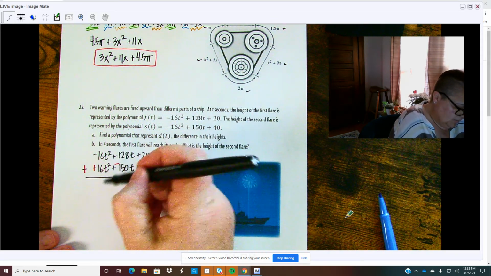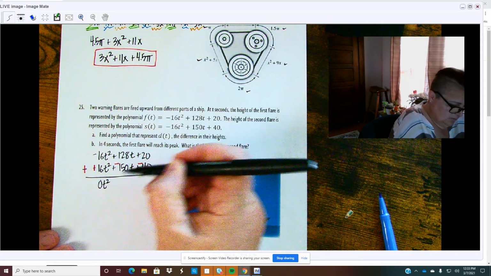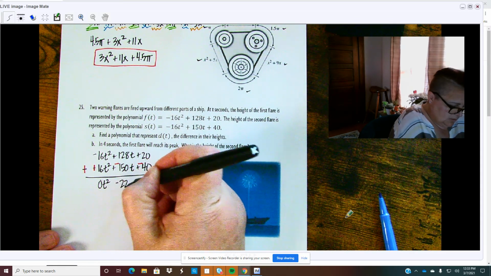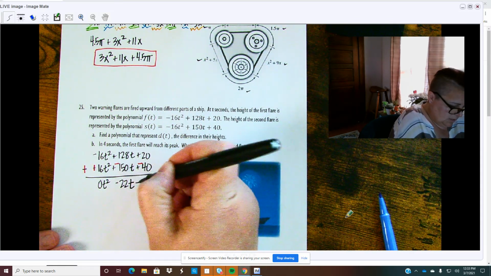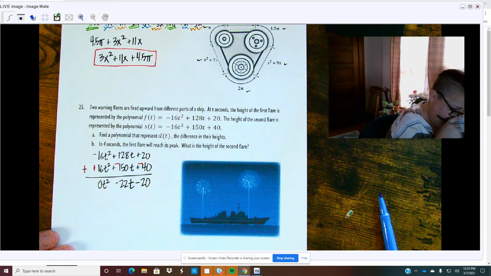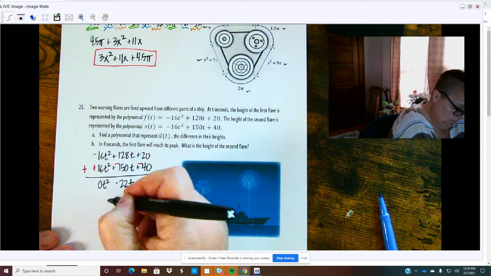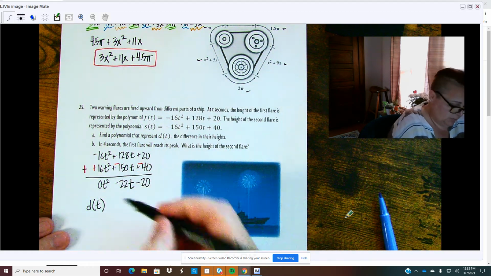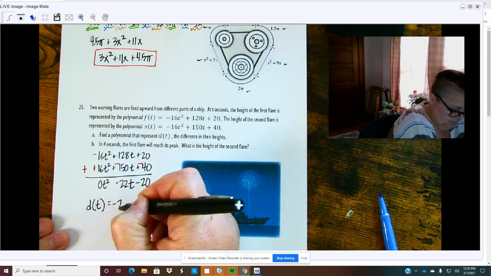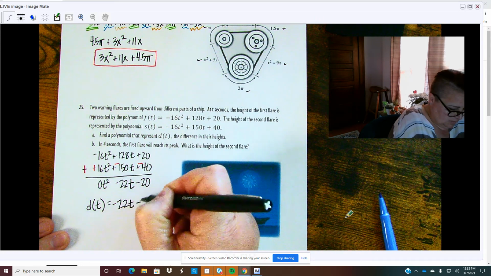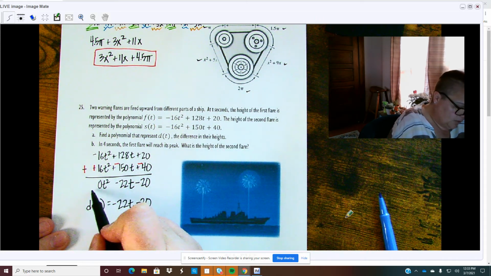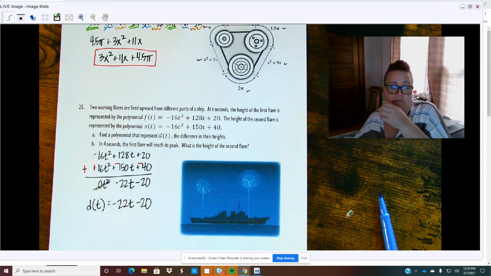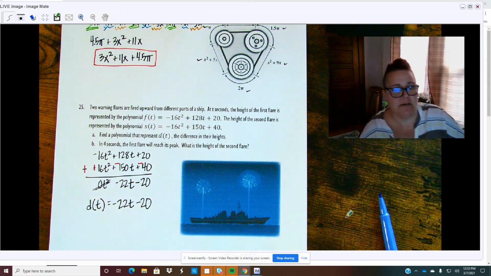And that's going to give me 0t squared minus 22t minus 20. So I'm going to say that d of t, the difference between them, is a negative 22t minus 20. Yes, I left off the 0t squared. And I left that off because, well, we don't need it. 0t squared is 0.